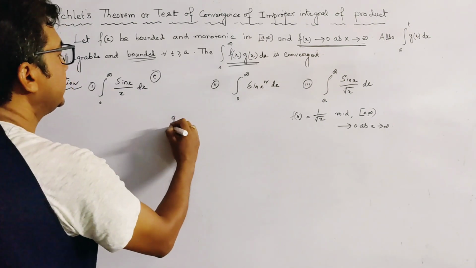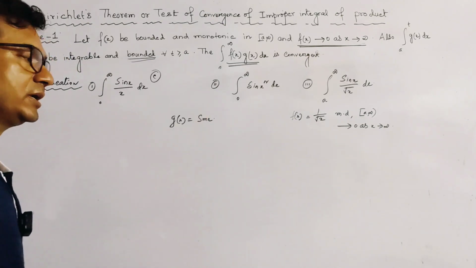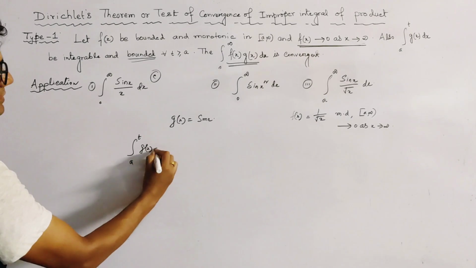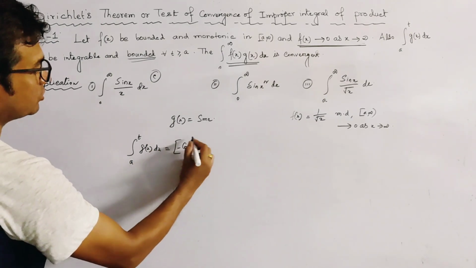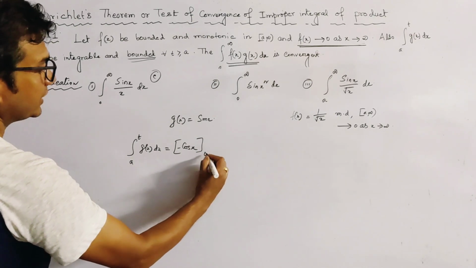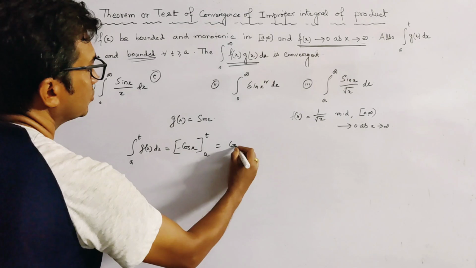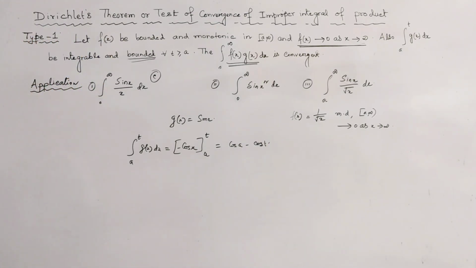Now here g(x) equal to sin x, and integration a to t g(x) dx is equal to minus cos x from a to t, and this is equal to cos a minus cos t, okay?